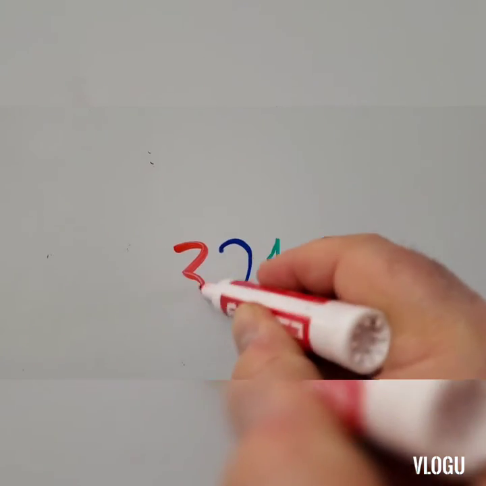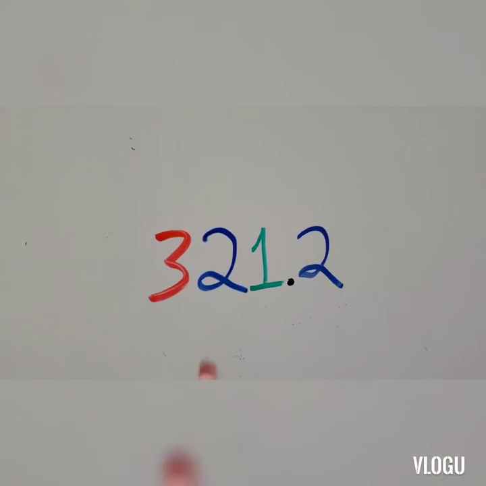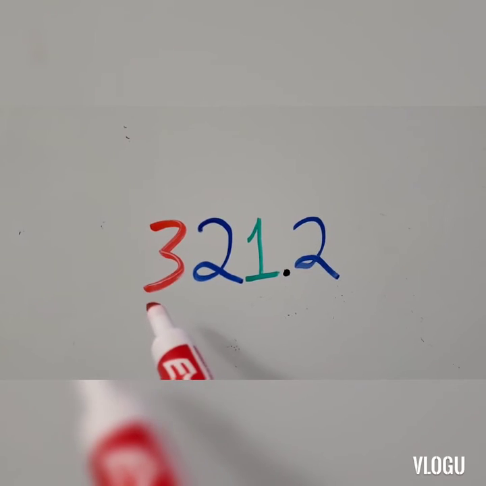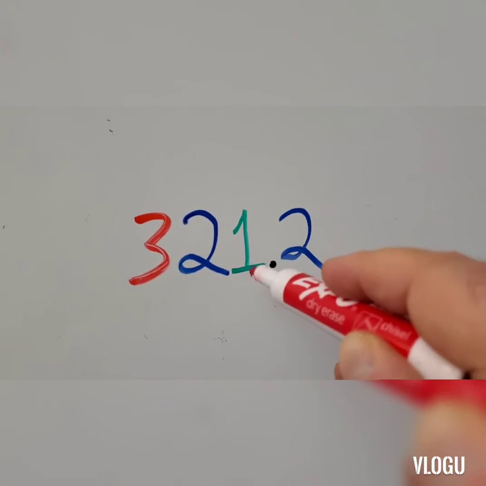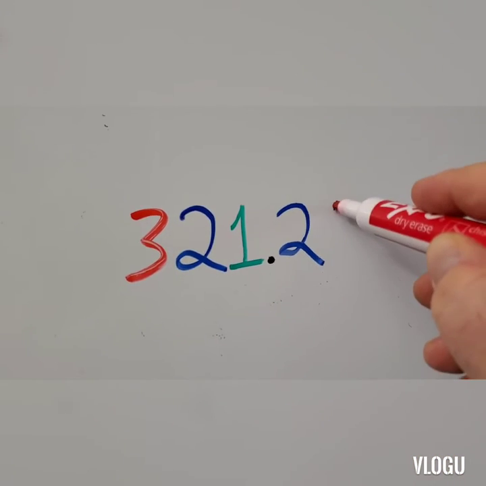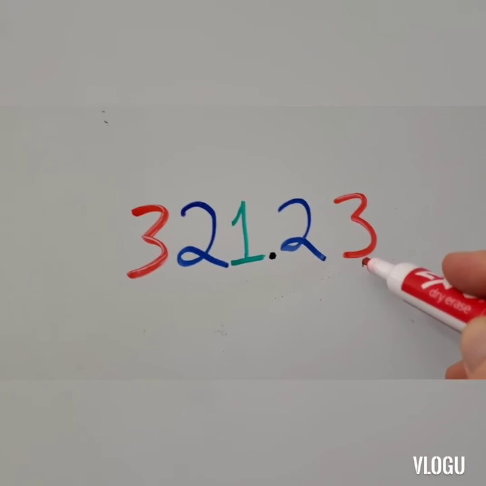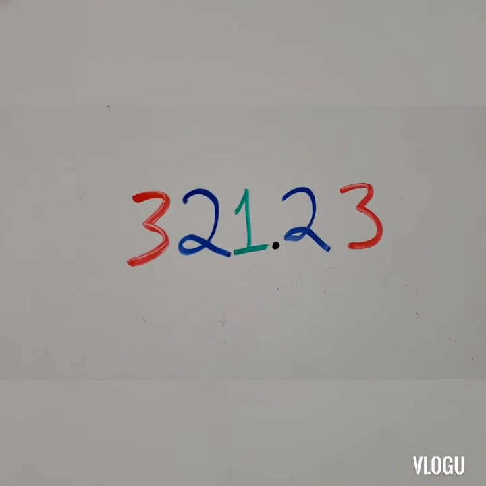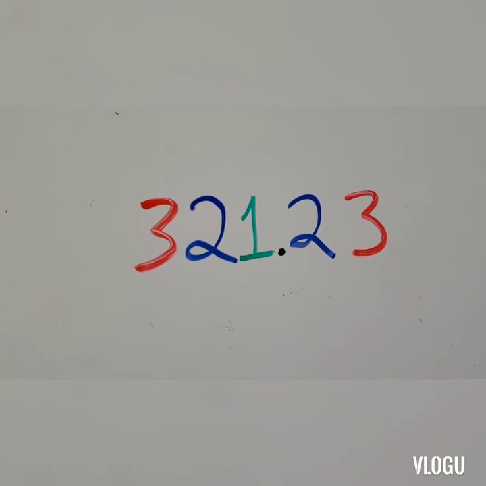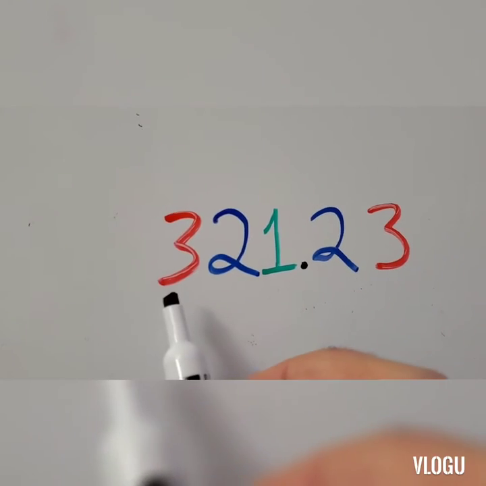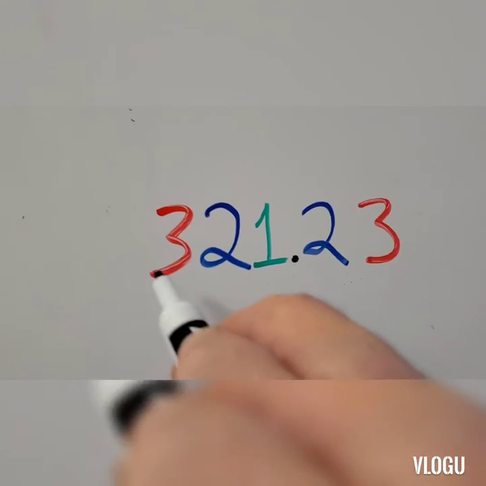Now, 3 spots over here is the hundreds. This spot over here is the hundredths. Does that make sense? Hundreds, hundredths.